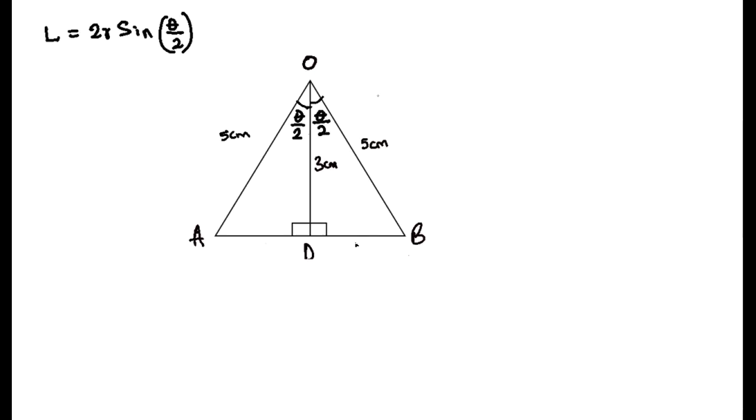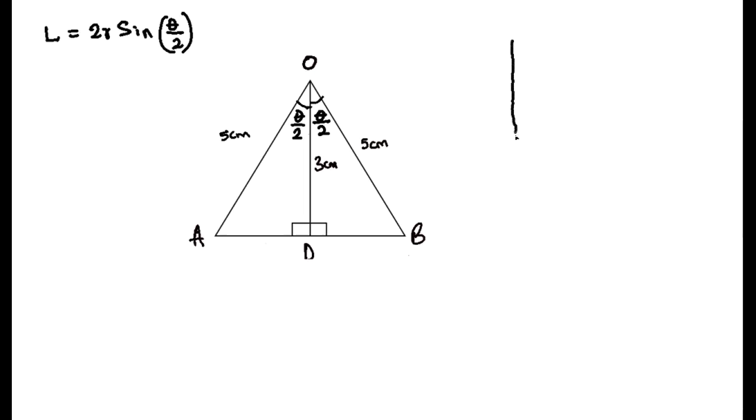Yes. So to apply this formula, I still need to get DB or AD. Yes, these two triangles, AOD is just congruent to triangle BOD. So let's work with one triangle. Let me work with triangle BOD.